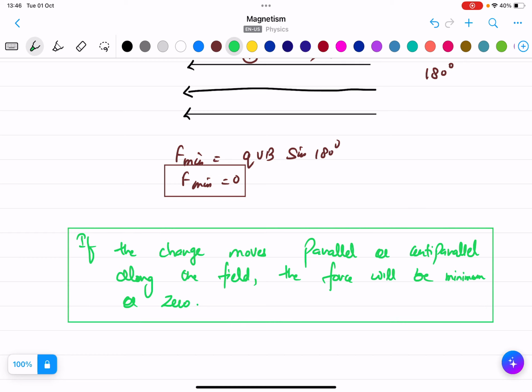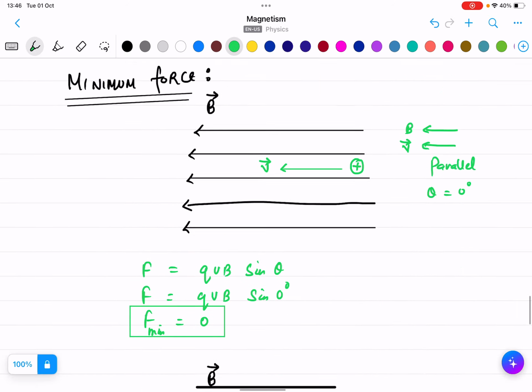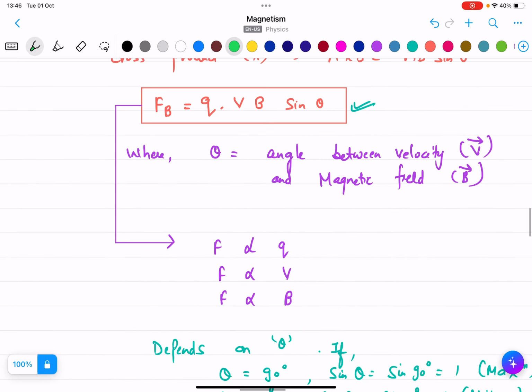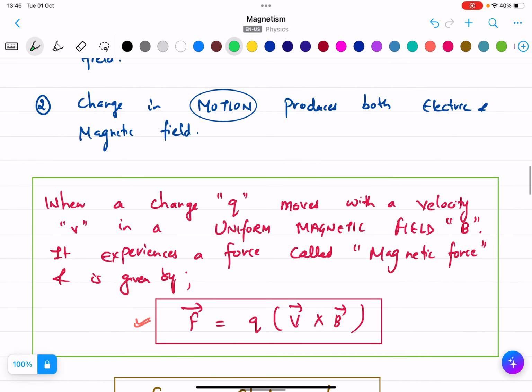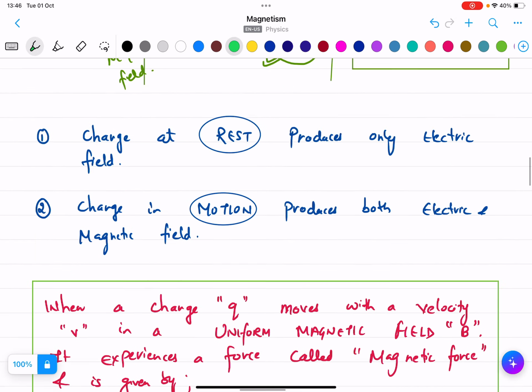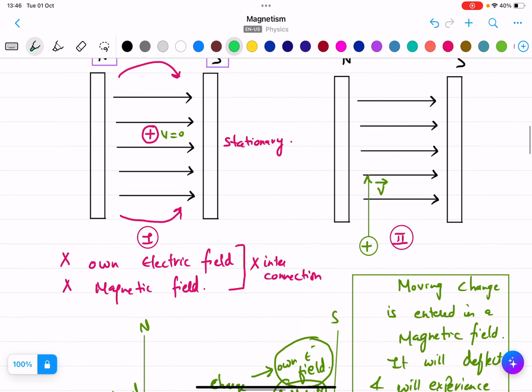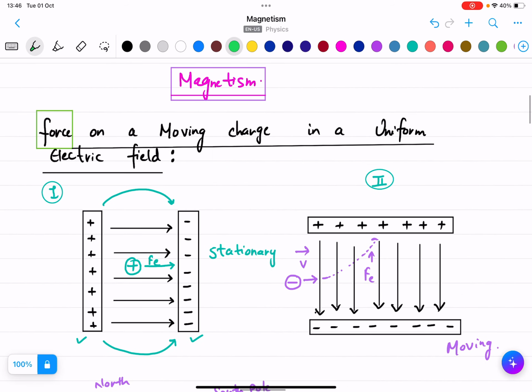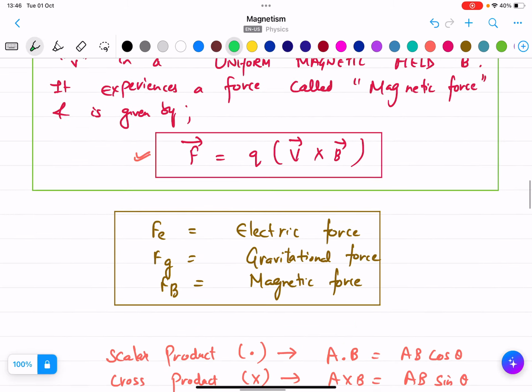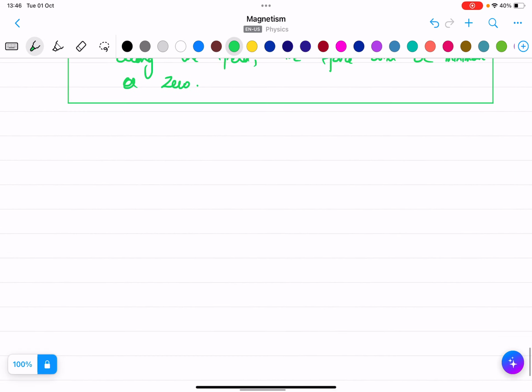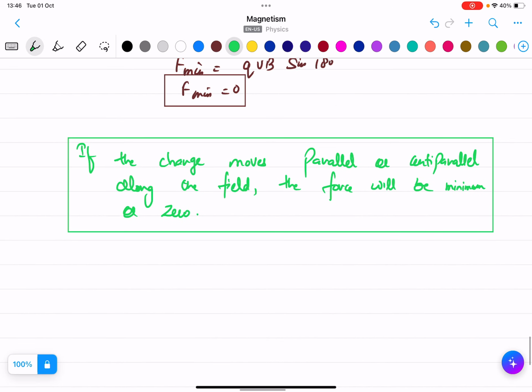Okay, so this is basically how to calculate F equals QVB sine theta. Remember, it is a vector quantity and a cross product, and we need to find the force on a moving charge in a uniform magnetic field. Now, force is a vector quantity, which I have explained.